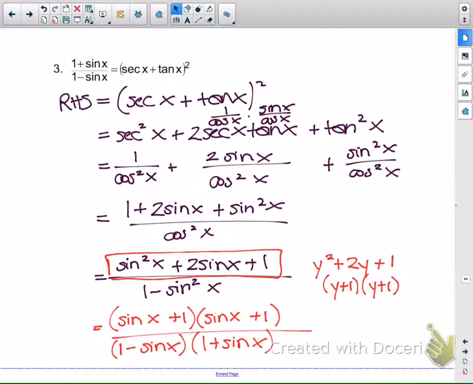Now, what does that do for me? It cancels that. Is that the same as the left-hand side? It is. The top is just in a reverse order. Does it matter? No. I can make that 1 plus sine, 1 minus sine, which is my left-hand side, excuse me.